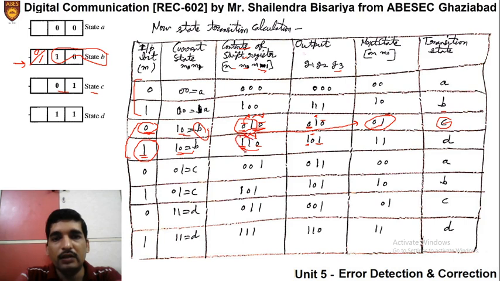That means this 1, 1 will shift and will take these two values for the next case, that is shown here. So the next state will become 1, 1 and 1, 1 state is defined as the state D. Okay, so we can say that from B state, if the current input is 1, the next state will be D, that is 1, 1, and the corresponding output will be 1, 0, 1.